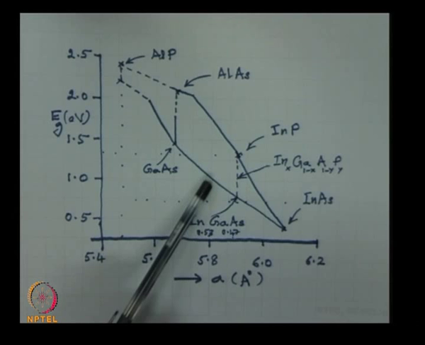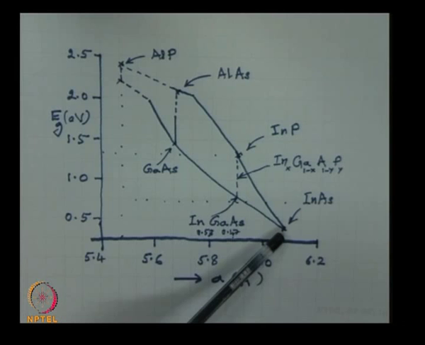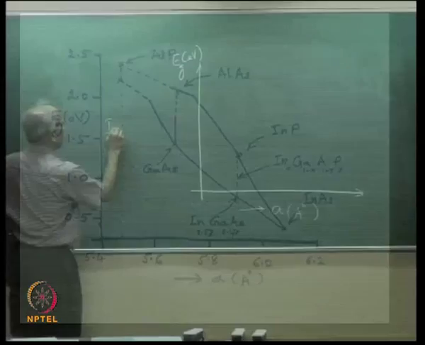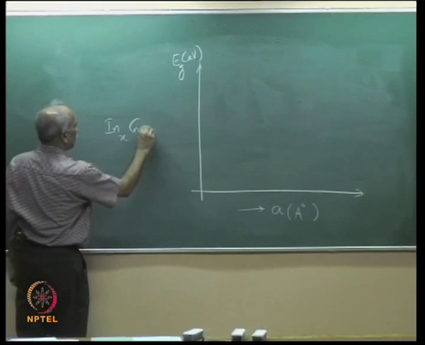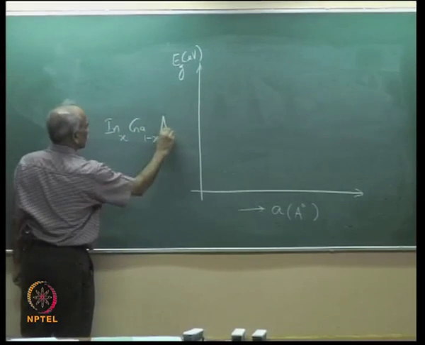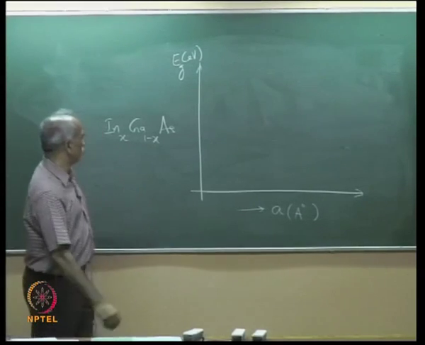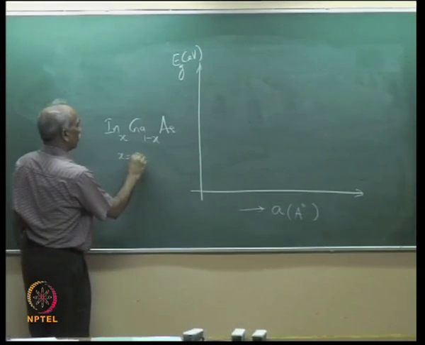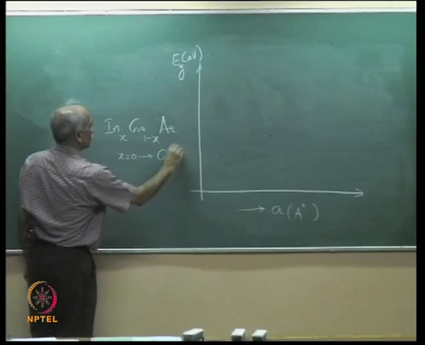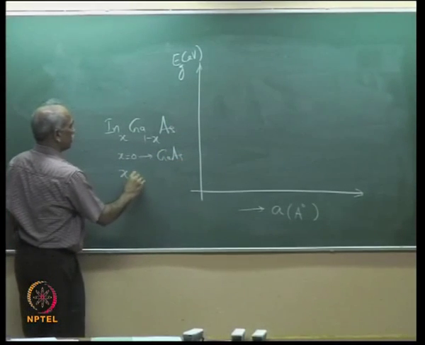What is this curve? Please see, this curve represents indium gallium arsenide. Why? If I write indium gallium arsenide, In x Ga 1 minus x As, x equal to 0 is gallium arsenide, and x equal to 1 is indium arsenide.